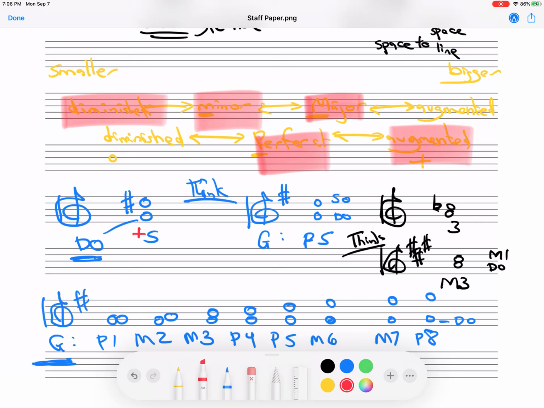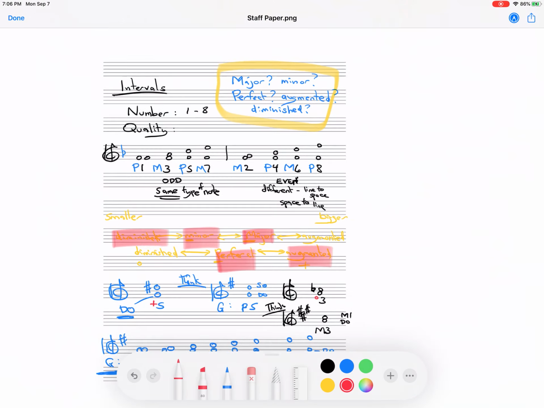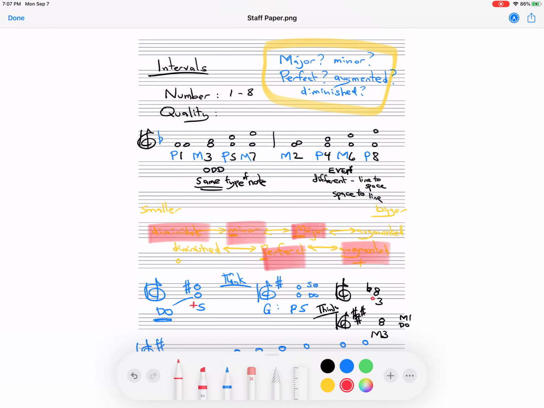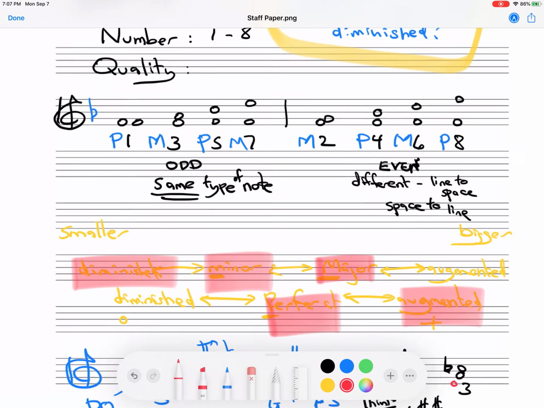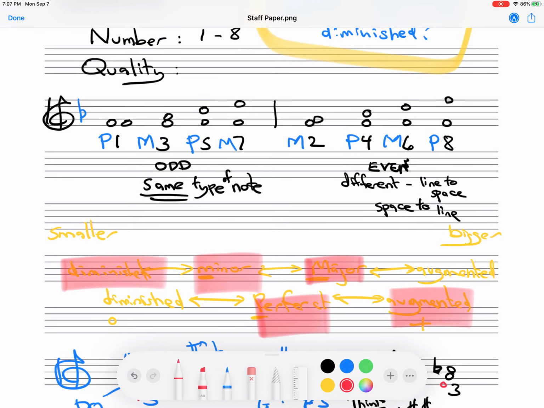So up above, if you said that this is a diminished third, you are correct. I hope this explains how to figure out the intervals from the major scale and to write them as well.